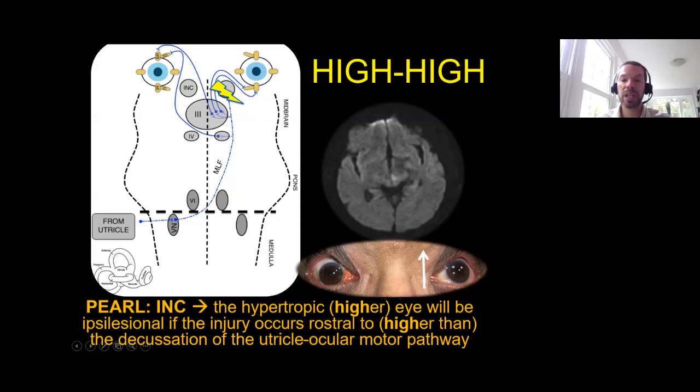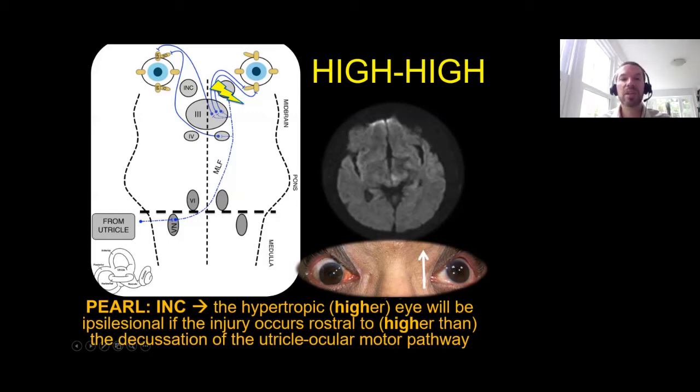In this situation, again, the left eye is the higher eye. We're in the INC, we're in the MLF, it doesn't matter. The higher eye is going to be ipsilateral to the side of the lesion, higher than the decussation, but it's all about the company it keeps. If you have a skew deviation from an MLF lesion, you are almost always going to see an internuclear ophthalmoplegia on the left side in this case.